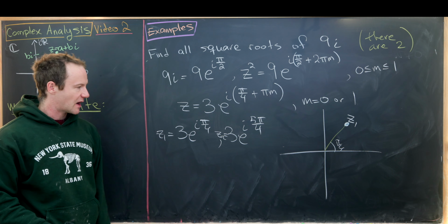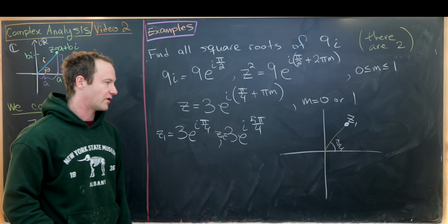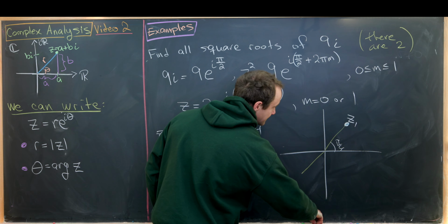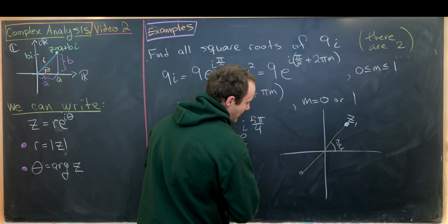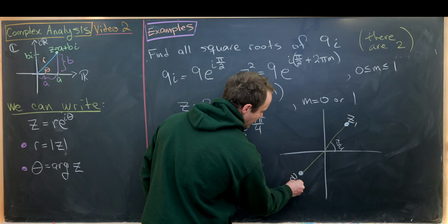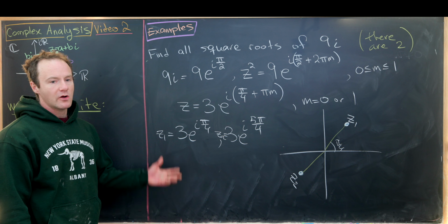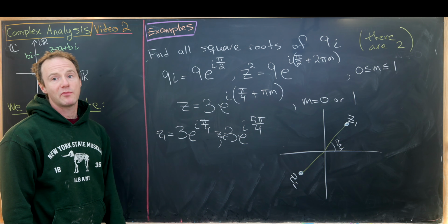So now where's 5 pi over 4? Well, it's pi over 4 plus pi. So that's going to be down in this direction. So it's going to be something like right about there. So this would be our point z2. Okay, so now let's get rid of this and we'll look at a couple more like this.